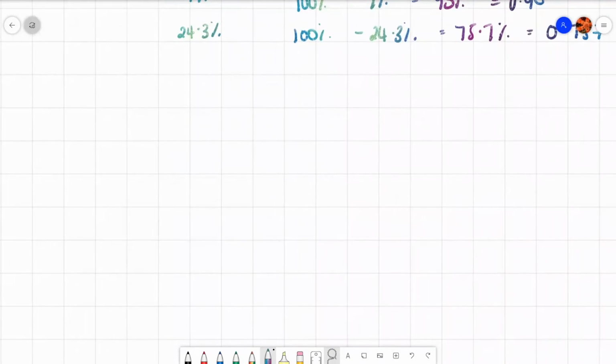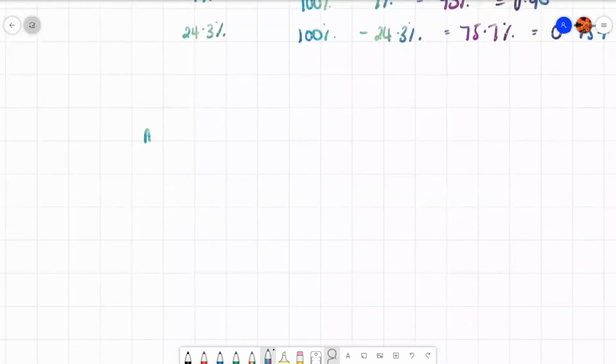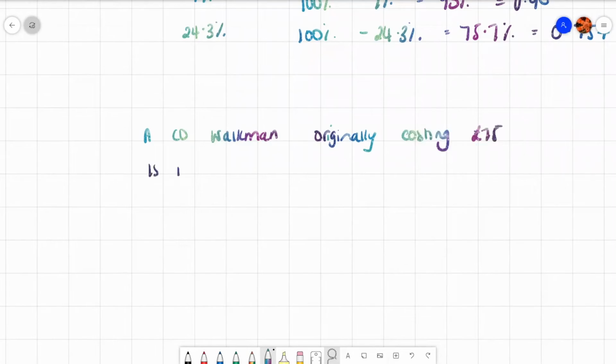So let's say a CD Walkman originally costing £75 is reduced by 30% in the sale. And we are working out the sale price.